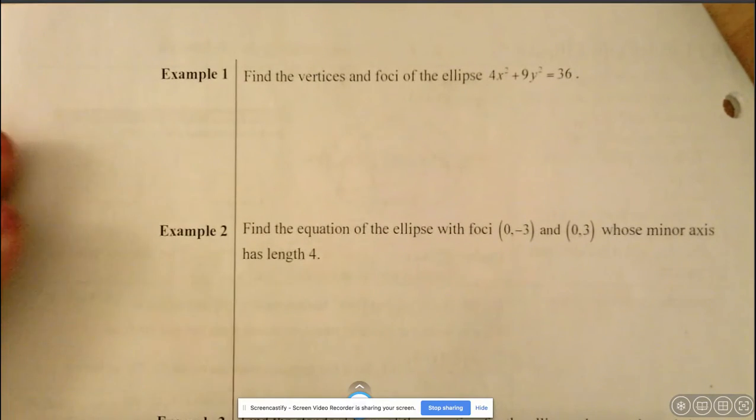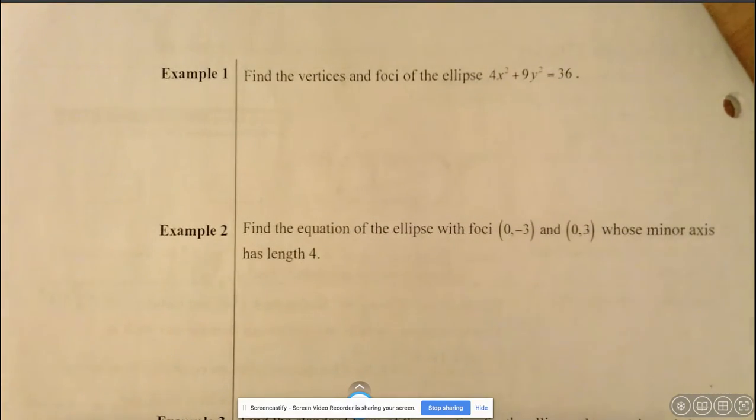Example 1, we just want to find the pieces of the ellipses, and then we'll talk about how it's related to astronomy. So example 1, find the vertices, the foci of the ellipse 4x squared plus 9y squared equals 36. Well, notice this is not in standard form. So how do we put it into standard form?